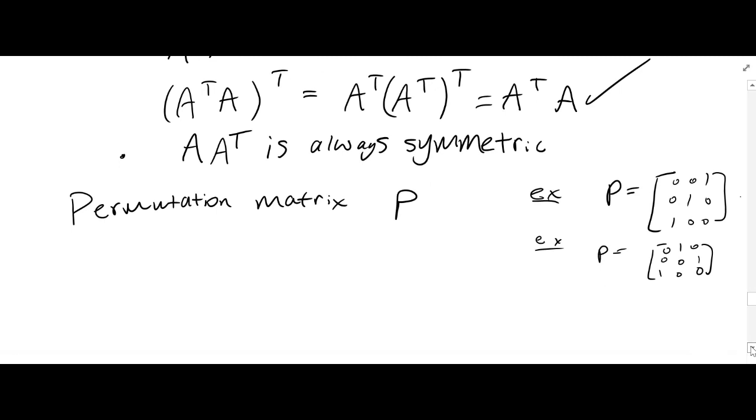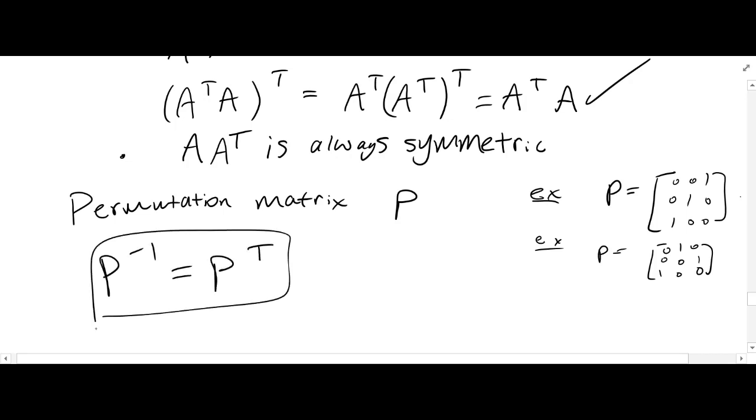For any permutation matrix, the inverse of that permutation matrix is the transpose. That's a fact about permutation matrices. Their inverse is their transpose.